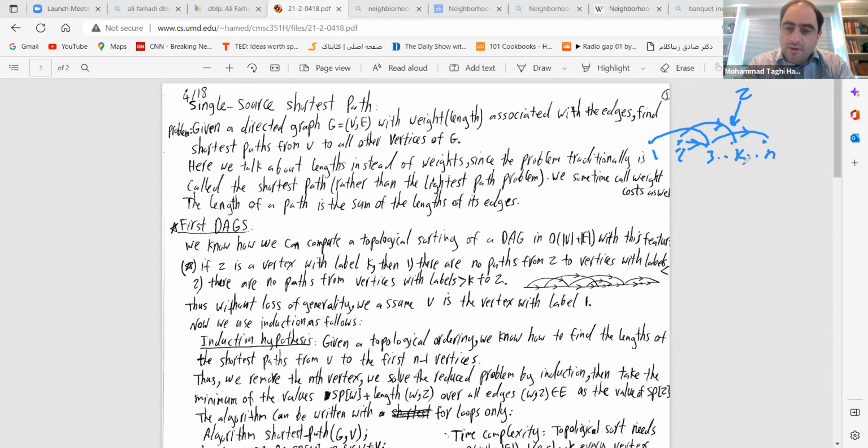In the topological order, as I mentioned, we are giving the numbers from 1 to n to vertices such that this property is satisfied. So if you consider a vertex Z, we know that there are no back edges.